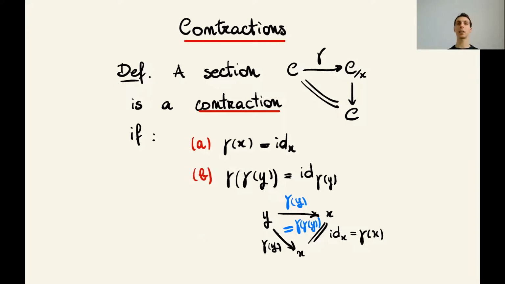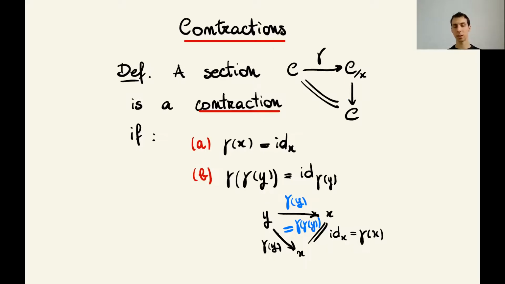Let's see the other characterization of terminality that we have in one-categories and how we generalize it to two-categories. So the other was a section of the projection of the slice over C. Now, the meaning of this is a bit different, right? We have a category C, we have an object X in C, and we want to say that X is terminal in C, or terminal in some two-categorical sense.